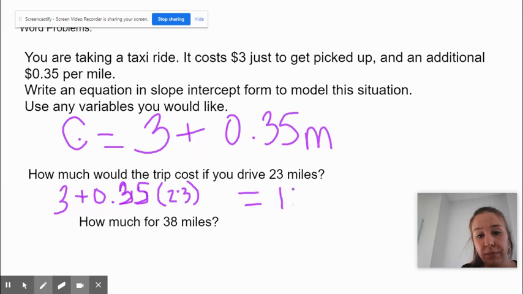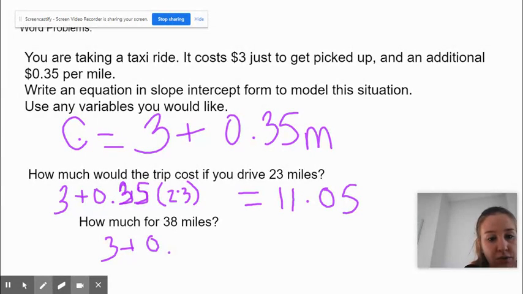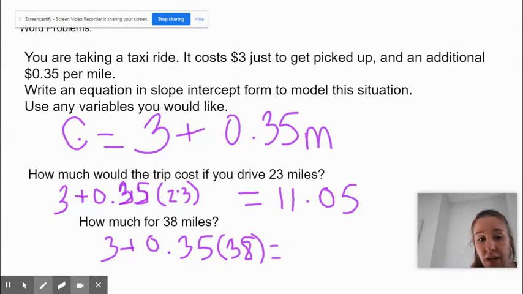Your total trip for going 23 miles would be $11.05. That sounds extremely good. So the next one is 3 just for getting picked up plus 35 cents times 38 miles, which I'm going to drop in my calculator. 35 cents times 38 miles is $13.30.